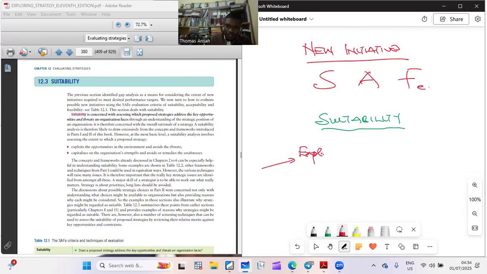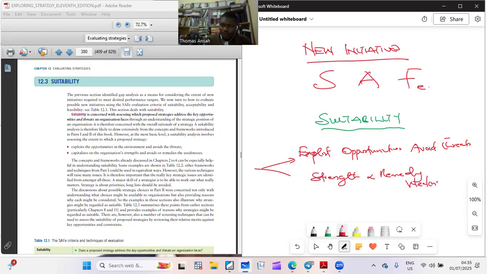Does it exploit available opportunities? Exploitation of opportunities, and also avoid threats. You can see where this thing is going, right? And does it capitalize on your strengths and remedy your weaknesses?